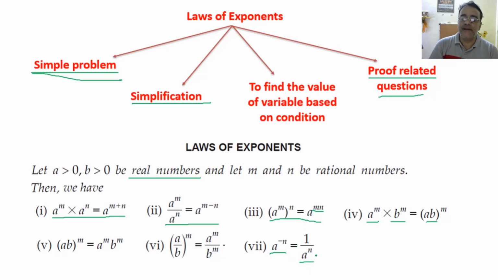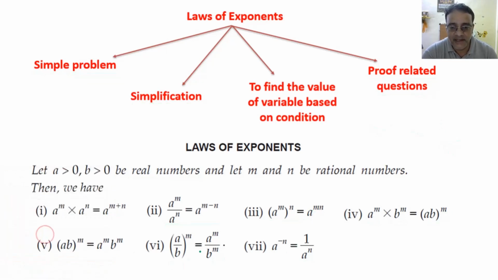So a to the power minus 1 कितना होगा? 1 upon a to the power 1. 1 upon a होगा. Okay. Similarly, इसका भी कन्वर्स हम लोग लिख सकते हैं. We can write the converse of this also. How will you write? A to the power m upon b to the power m.